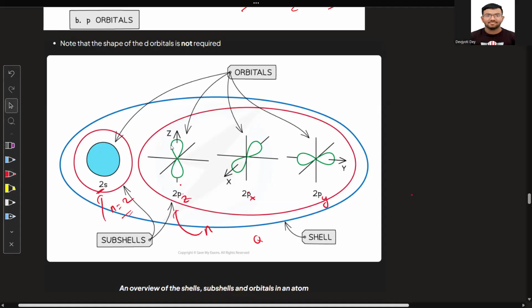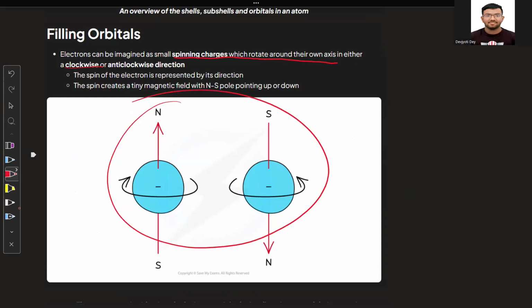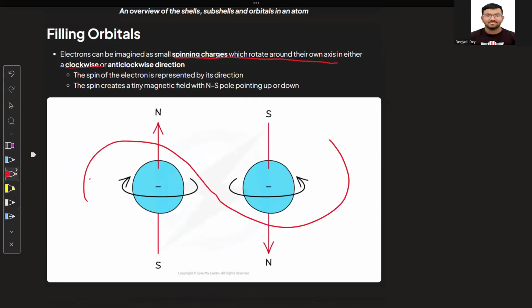Now, filling the orbitals. Remember one thing: electrons can be imagined as small spinning charges which rotate around their own axis, either in a clockwise or anti-clockwise direction. This is how electrons are present within an orbital. The orbital could be spherical or dumbbell shaped, whatever you name it. But within these s and p orbitals, the electrons will be present in opposite spins. This is very important.